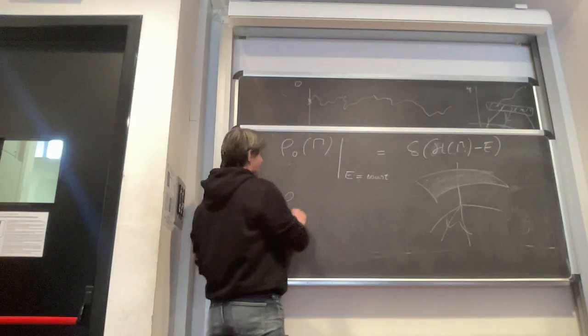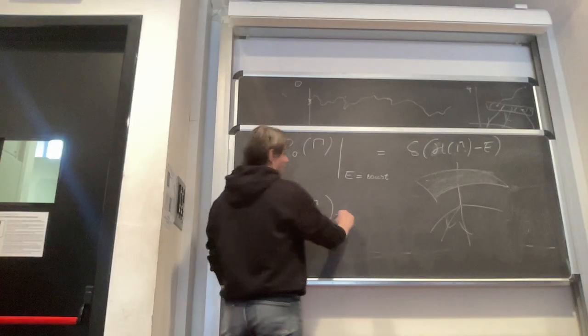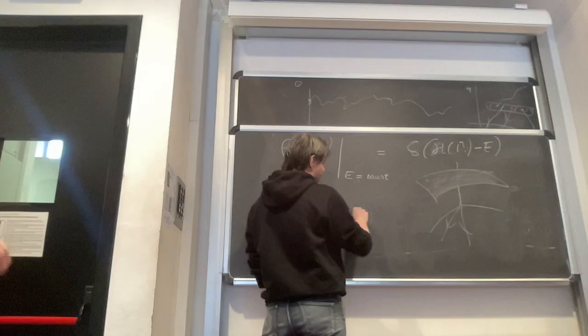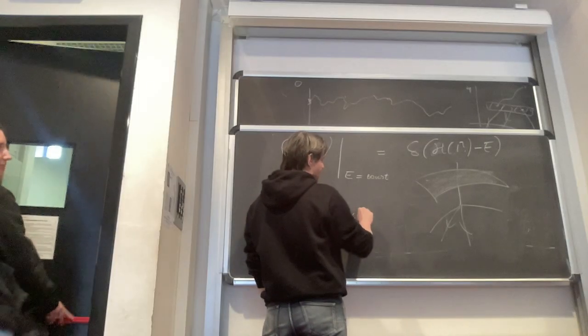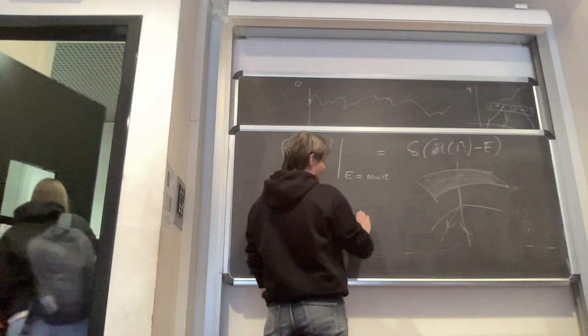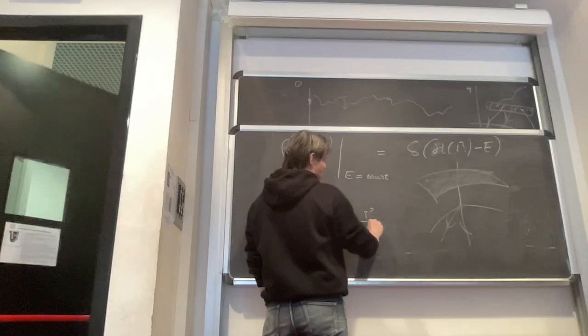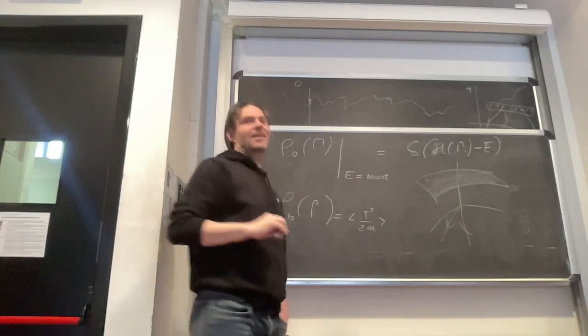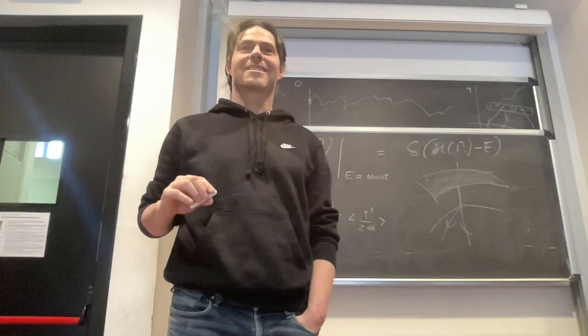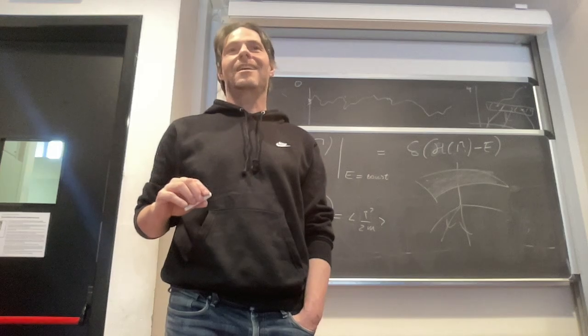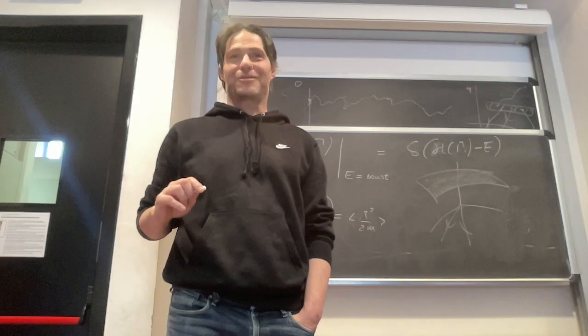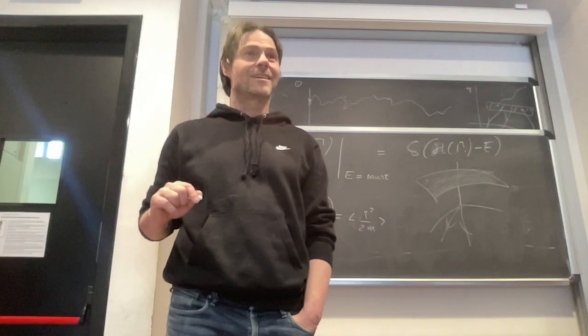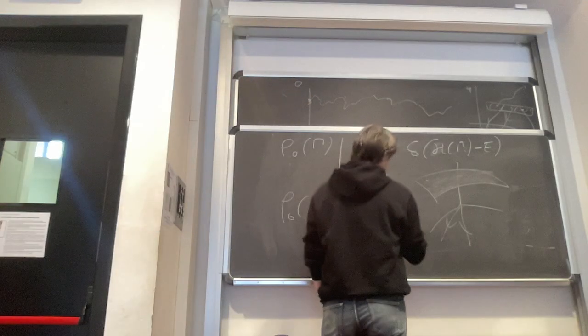But I might say, rather than fixing the energy, I fix the expectation value of the kinetic energy, the average value of the kinetic energy in the system, aka the temperature, right? That's 1/2 kT.